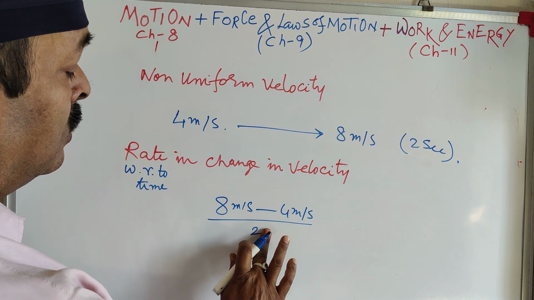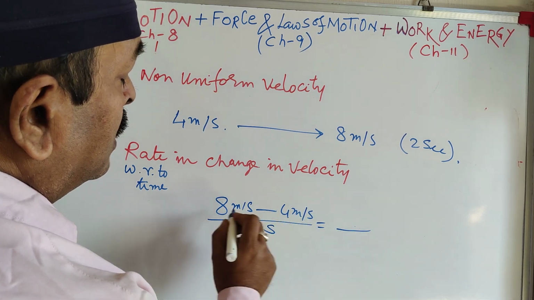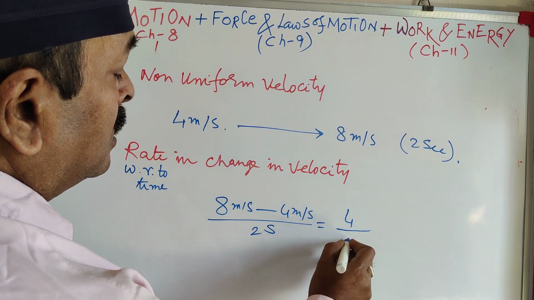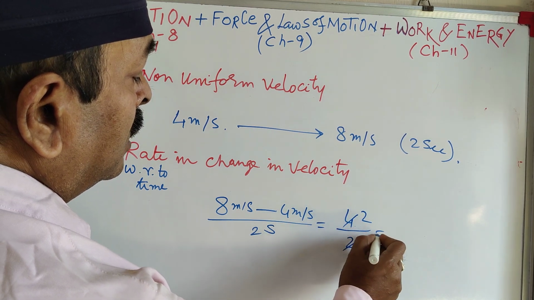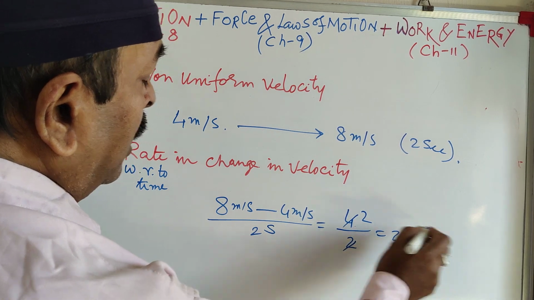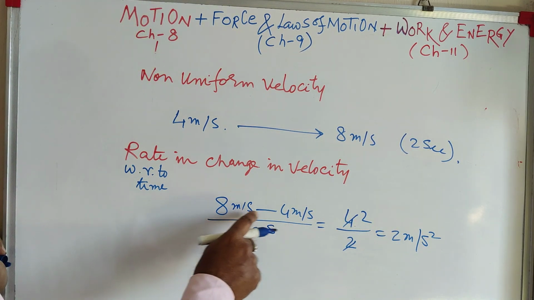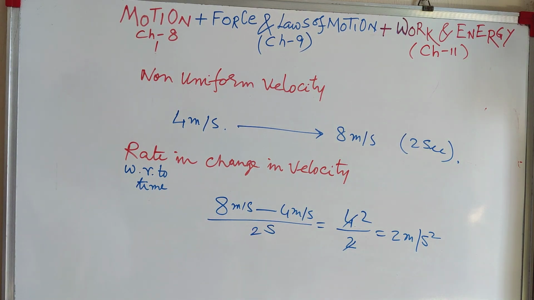So the calculation is 8 minus 4, which is 4, divided by 2, which is 2. That is 2 meter per second square, because second comes once for velocity and another time for the rate with respect to time. Second has come twice.